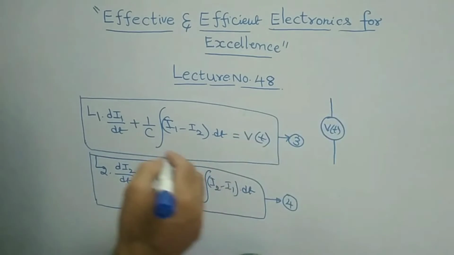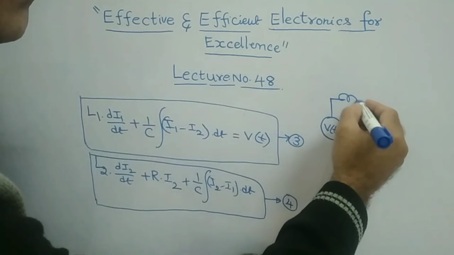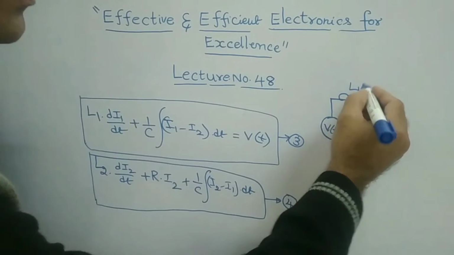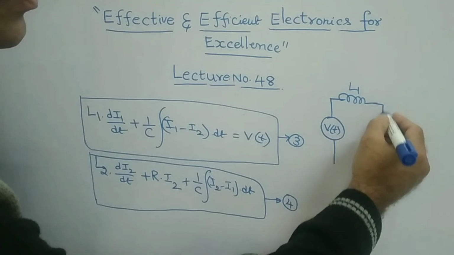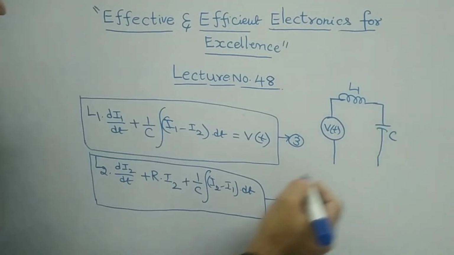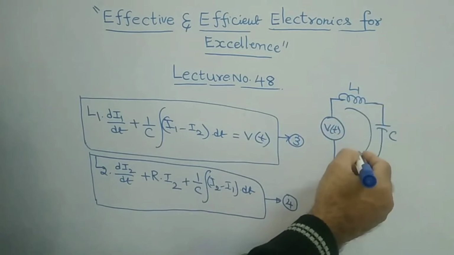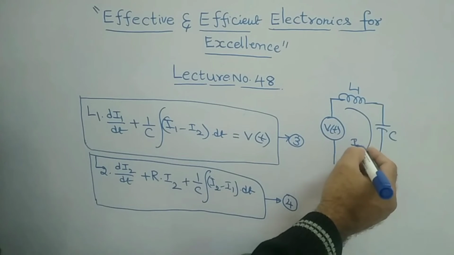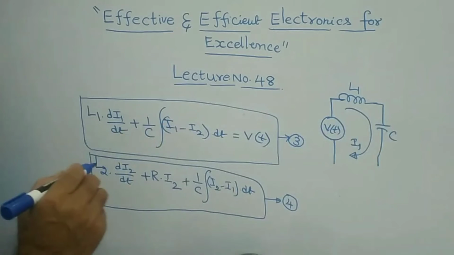At the first loop, you have L1. And then you have the common element, so this capacitance is common. This is the first loop, in which you have your current as I1. Come to the second part, L2 and R2.